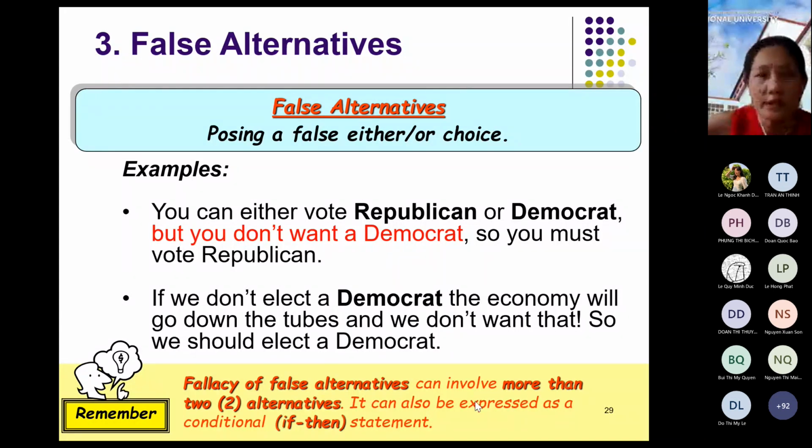Okay, I will repeat the question, right? Thanks, Minan. I'm asking you guys that in the first example here, we are having the mistake. We are having the fallacy of false alternatives. So I'm asking you guys why it is a false alternatives fallacy. Get it? And we're talking about election, and the person says, oh, either you vote for this or for that, but you don't vote for that, so you must vote for the other.